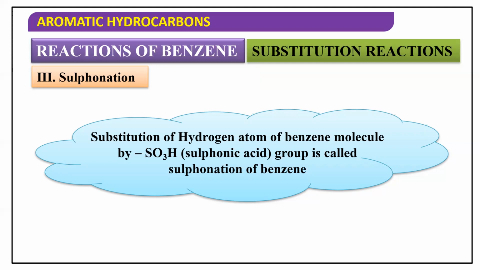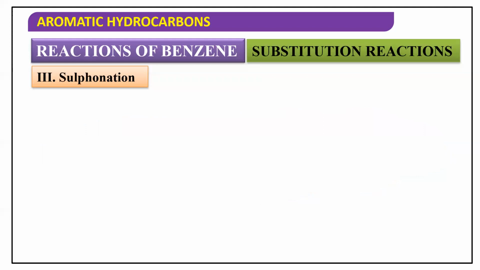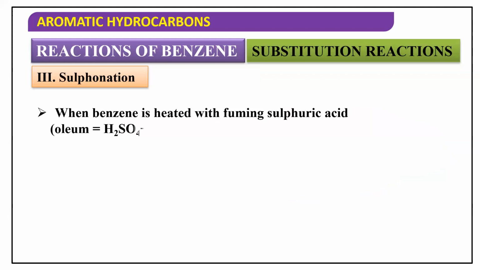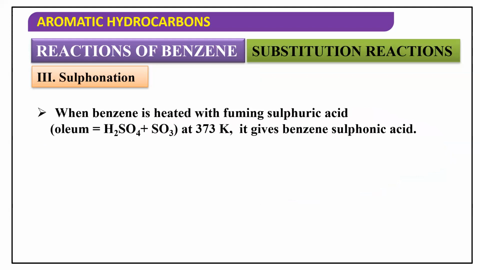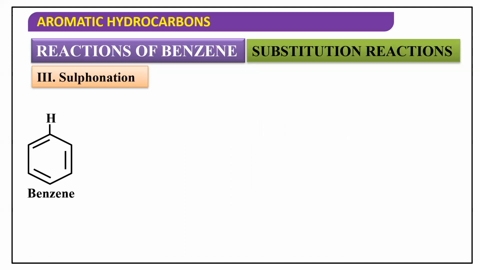So here hydrogen is replaced by the SO3H group. So let's have a look at the reaction. When benzene is heated with fuming sulfuric acid, which is also called oleum, which is nothing but a combination of sulfuric acid and SO3, at 373 Kelvin, it gives benzene sulfonic acid.